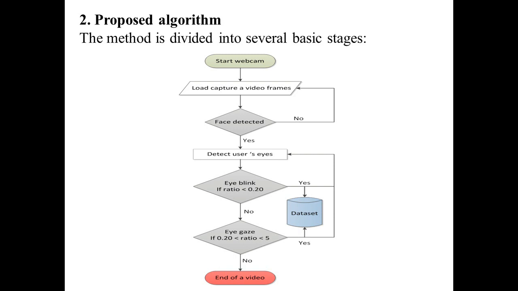The eye gaze ratio will be added to the data set if it falls within the range of white pixel ratio greater than or equal to 0.2 and less than or equal to 5. In the end, the system stops when the video ends, to exit the loop.